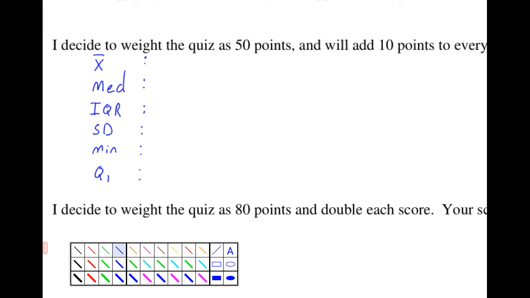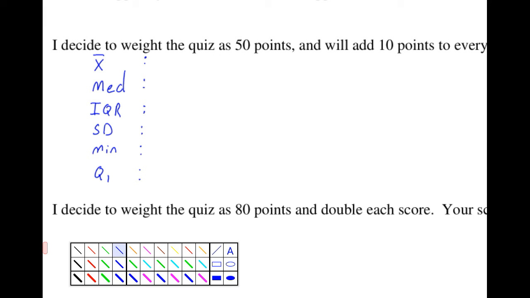Remember, I'm shifting them all by the same amount, so they will not change. The measure of spread does not change. The same thing for standard deviation. All my data points are shifting by the same amount, so the variation stays the same. You can shift measures of position, but measures of spread do not shift. They will remain the same.